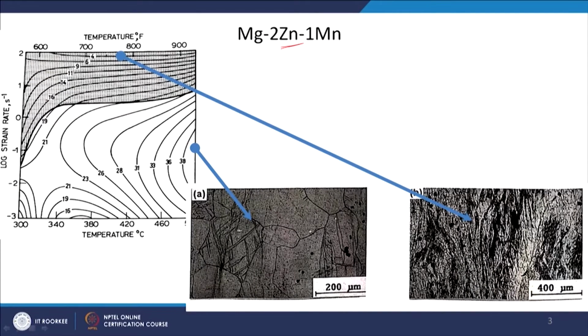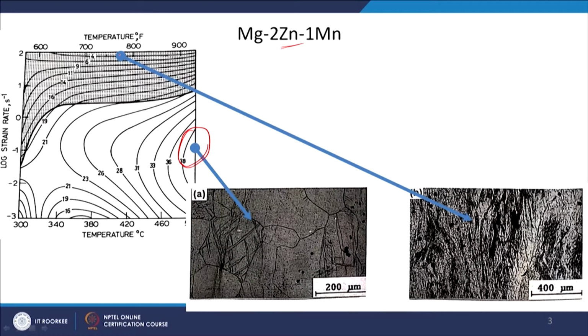Again you can see some processing map is generated, some efficiency contours are there, and you can see the unstable region. So, one microstructure is from this region where you have high efficiency 38%, and one microstructure is taken from the unstable region.